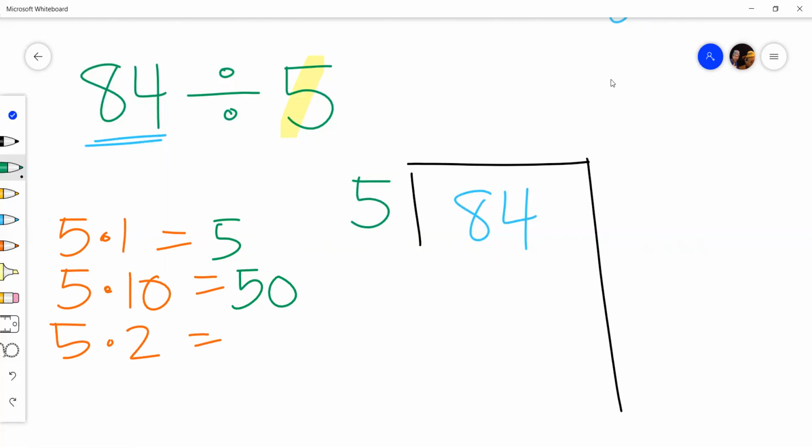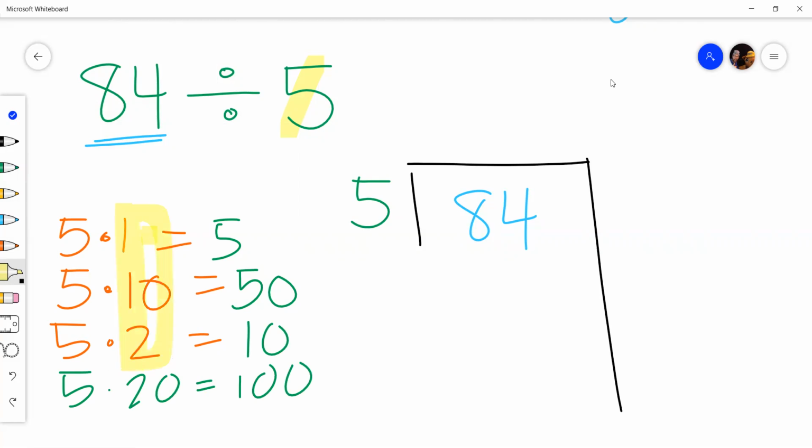If I know 5 times 2 is 10, then I know that 5 times 20 is 100. This is helping me think about how many groups I want to start with. I'm going to make a group of 10 first. I'm going to use 5, make a group of 10, that equals 50.